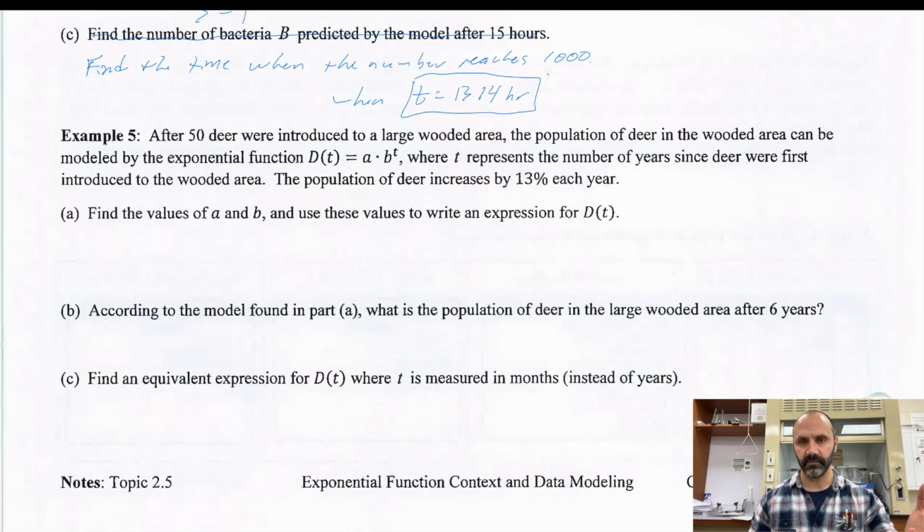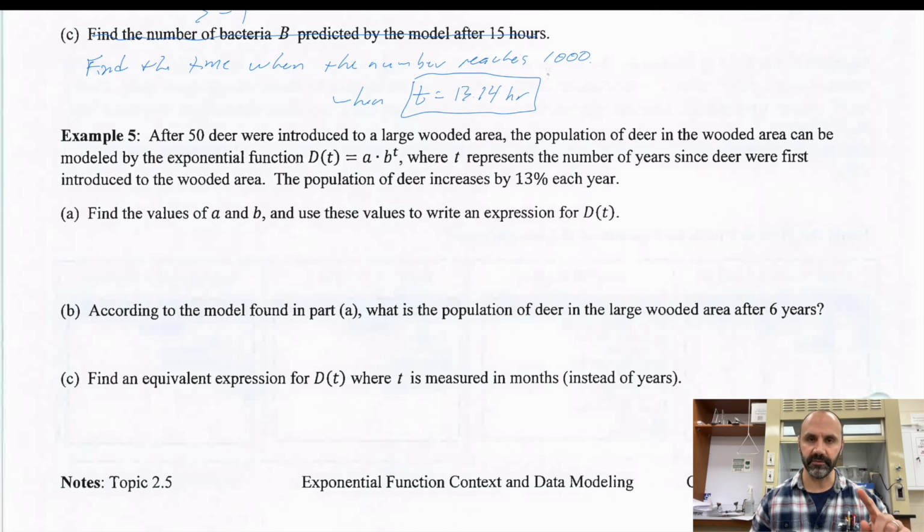Similar example, number 5, having to do with population growth. After 50 deer were introduced into a large wooded area, the population of the deer can be modeled using an exponential function, a times b to the t. So it doesn't give us what the initial value and what the base are. But we do know that the population of deer increased by 13% each year.